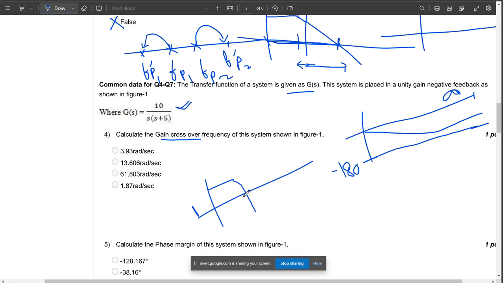So you have to find the frequency in such a way that the gain becomes 1, exactly that point where gain becomes 1. Got it?